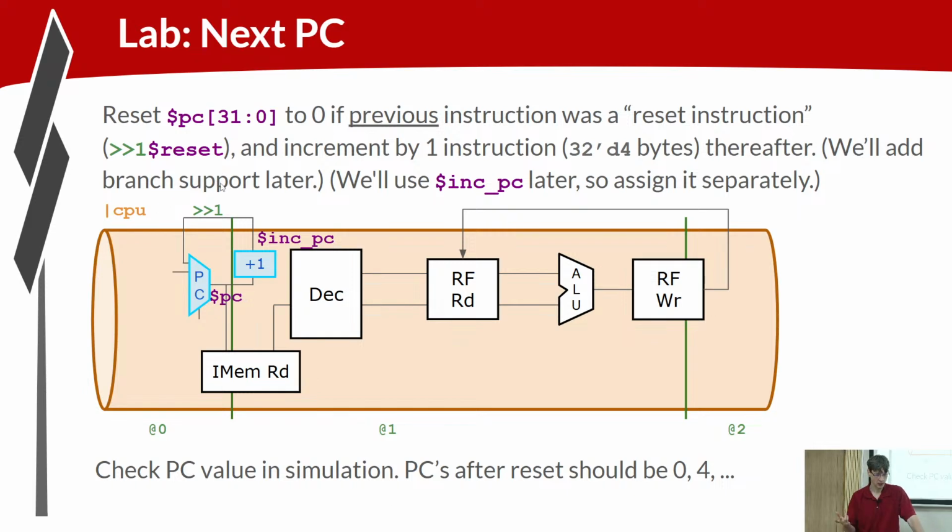So to get those two things right, we need to make sure that we're starting with 0, not with 4. To do that correctly, we want to reset the PC to 0 if this instruction was a reset instruction.